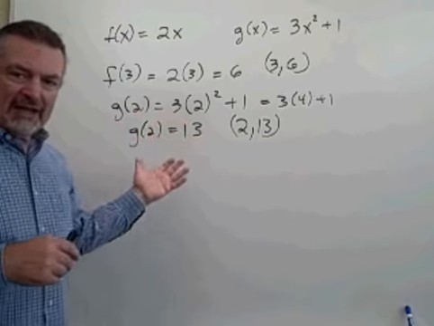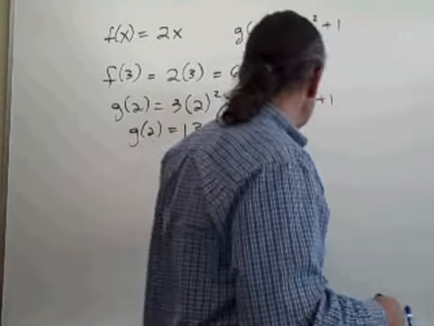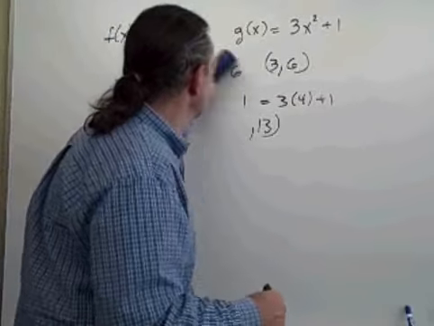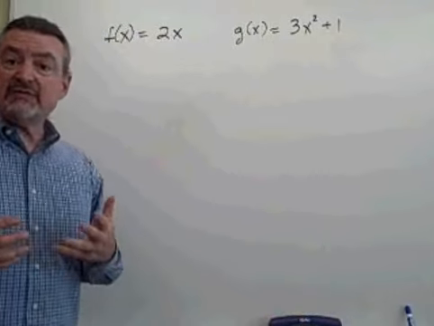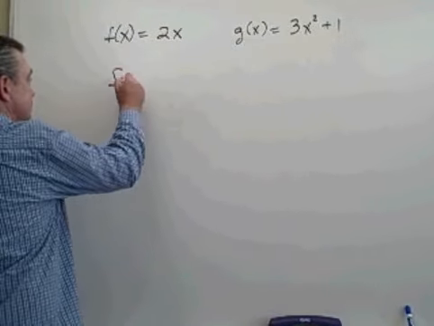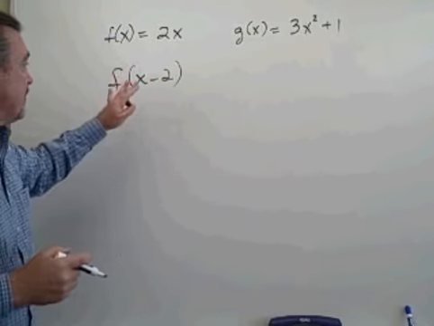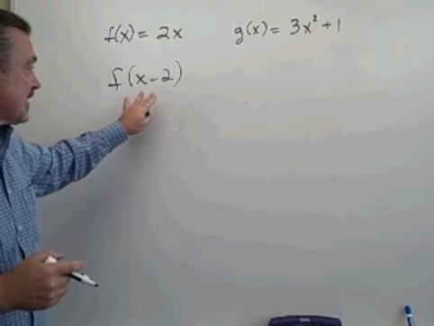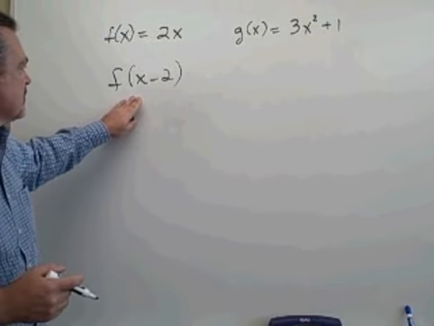So we've evaluated functions like this before. And we've even done wild and crazy evaluations like this. We've evaluated a function like f at x minus 2, which again, remember what this notation tells us.